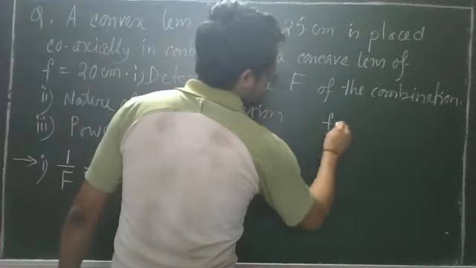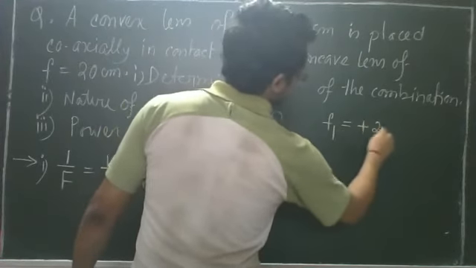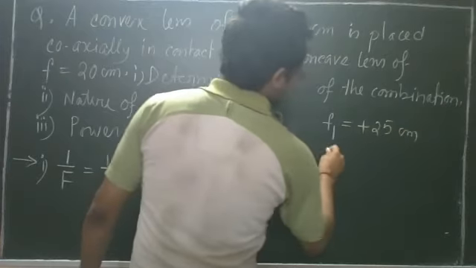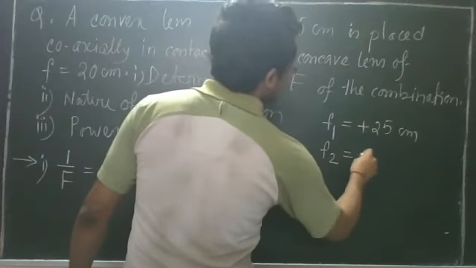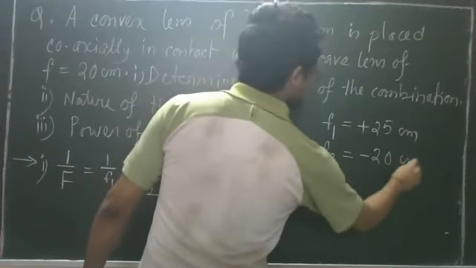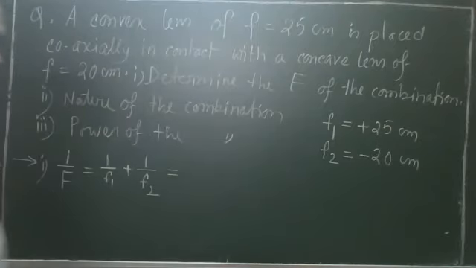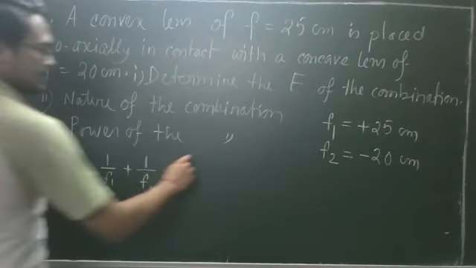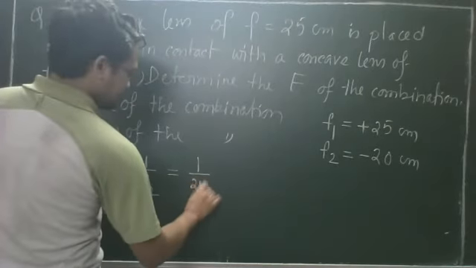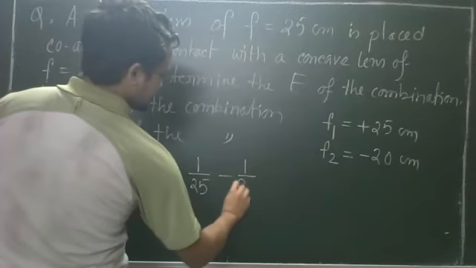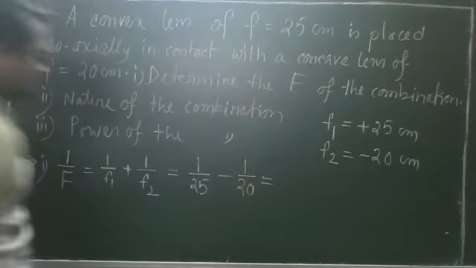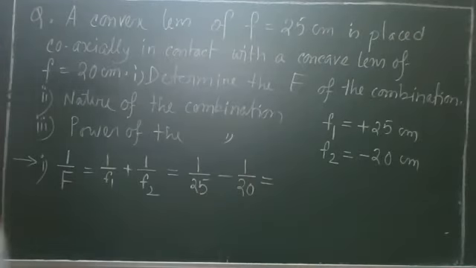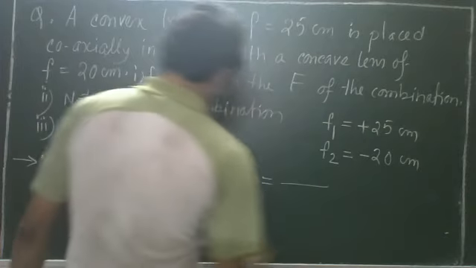So f1 convex means positive, and f2 concave is negative. Put their value with sign. So 1 by 25 minus 1 by 20. After that you will calculate.